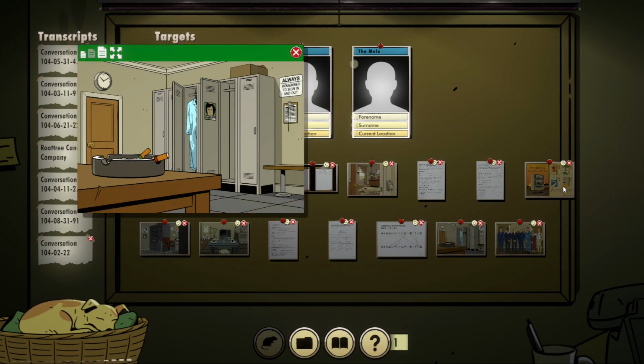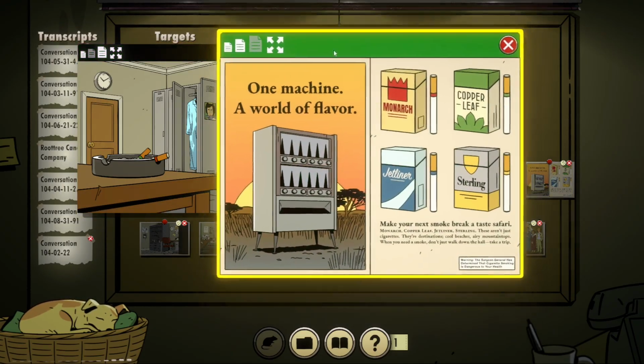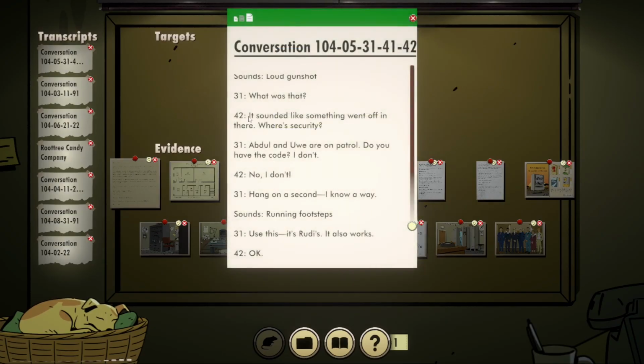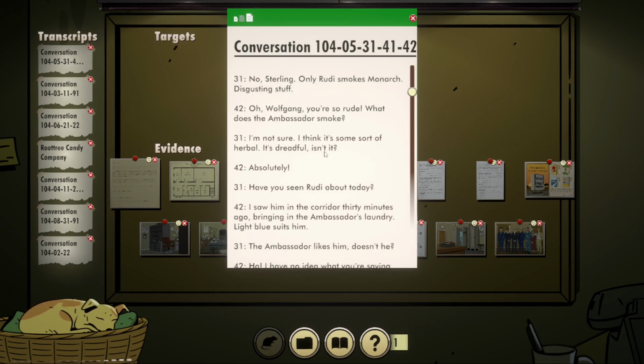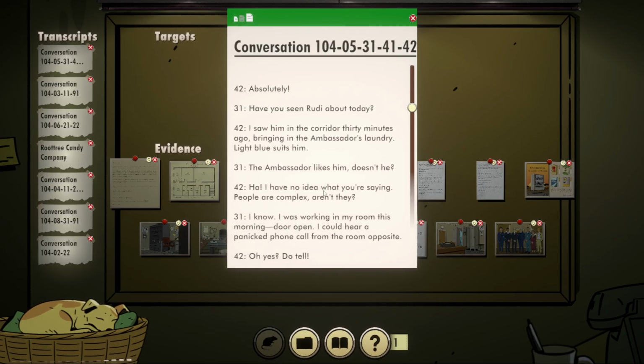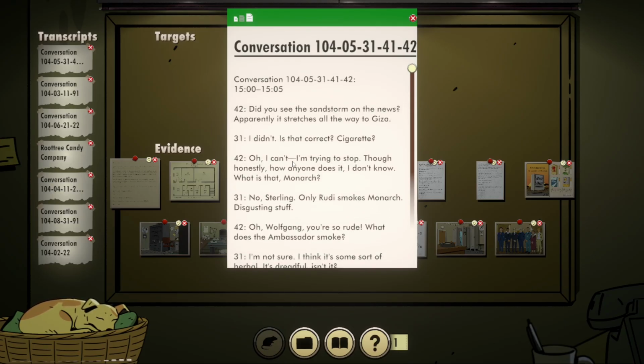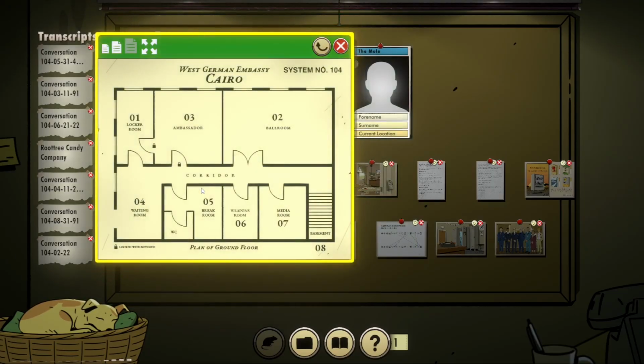So that's the herbal and the monarch. Who smoked the monarchs again? Was that... Cigarette. No, only Rudy smokes monarch. So Rudy... And Rudy's thing was in the locker room.